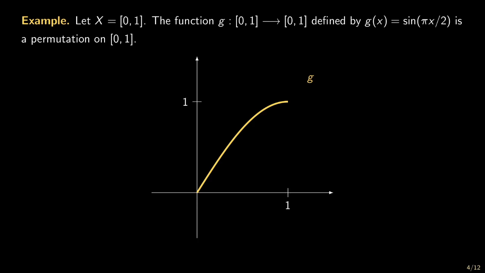We can also see that this is a permutation by observing how it moves the points in the interval from 0 to 1. For example, if I take these 6 equally spaced points in the interval from 0 to 1, after applying g, their images will be these points.